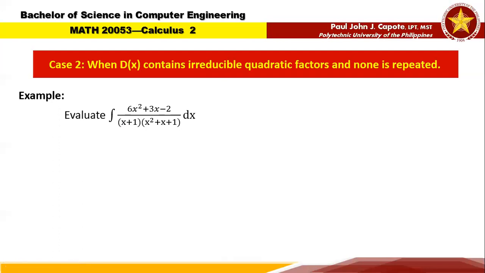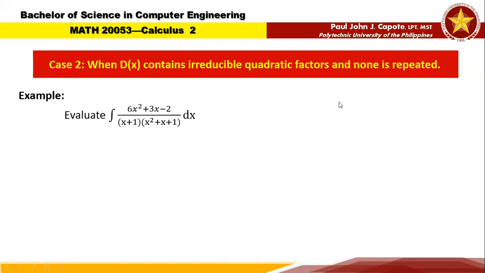And our denominator contains two factors. The first factor, x plus 1, is a non-repeated linear factor, while the other factor, x squared plus x plus 1, is a non-repeated quadratic factor.